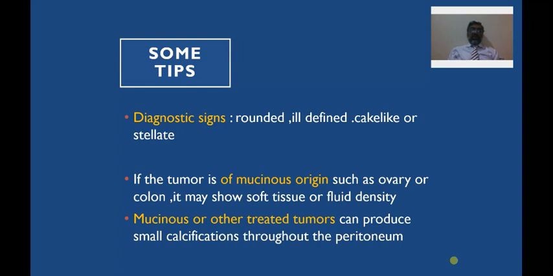And there are some tips regarding these deposits: these have a rounded, ill-defined, cake-like or fungating appearance macroscopically, and if the tumor is of mucinous origin such as ovary or colon, it may show soft tissue or fluid density. Mucinous or other treated tumors can produce small calcifications throughout the peritoneum.